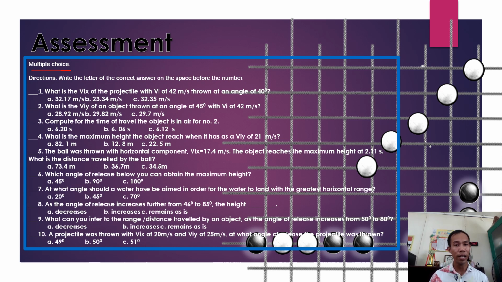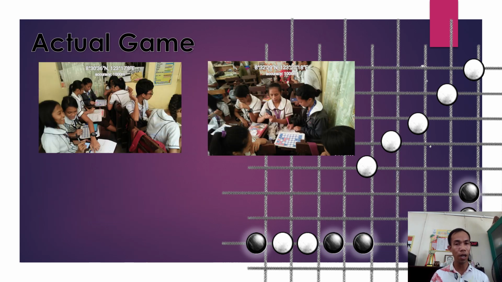There are 10 items related to the investigation of the height, the angle of release, and the range relationship of the 3 factors of a projectile motion.